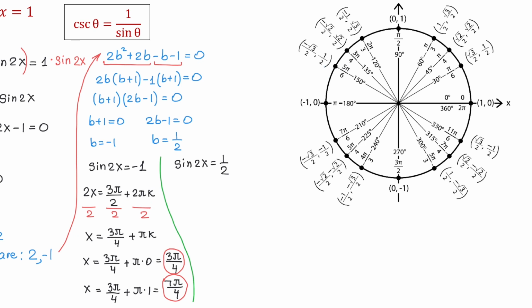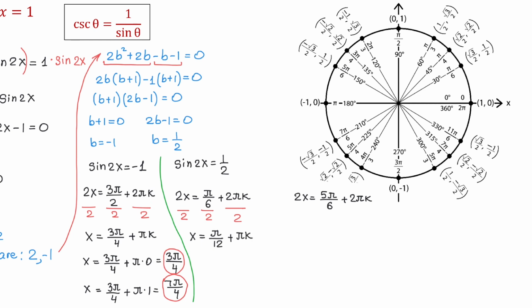So then we will write that 2x equals pi over 6 plus 2 pi times the integer k, and the second equation will be 2x equals 5 pi over 6 plus 2 pi times k. Then in the first equation, to solve for x, we will divide both sides by 2. Then x equals pi over 12 plus pi times k.